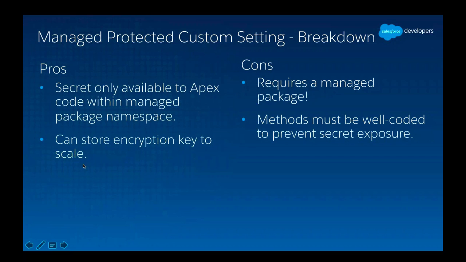Now, if you want to scale this particular model, what you can do is the most secretive data, like encryption keys, are stored inside managed protected custom settings, and all other data could be encrypted inside your org using that encryption key, and you can use Apex calls to encrypt the data in your org.